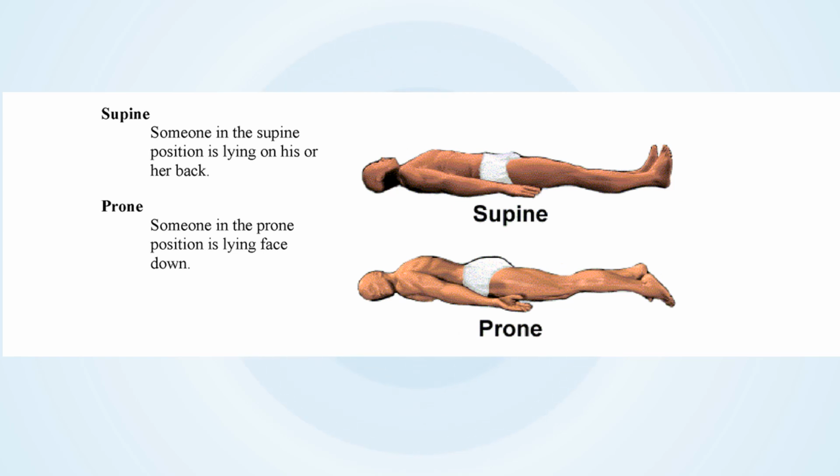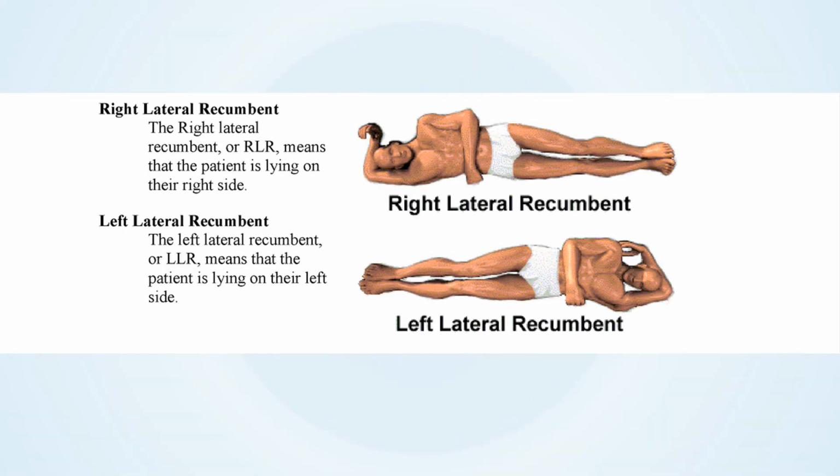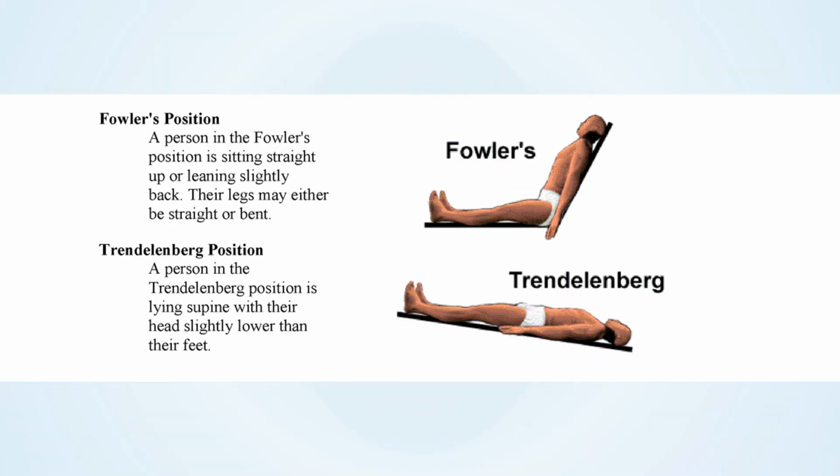The supine position of the body is lying on the back, and the prone position is lying face downward. Right and left lateral recumbent means that the patient is lying on their right or left side. The Fowler's position is when a person is sitting straight up or leaning slightly back, and their legs may either be straight or bent.